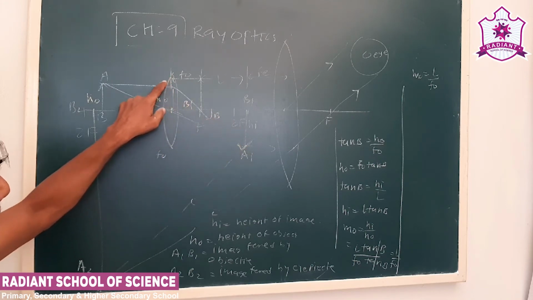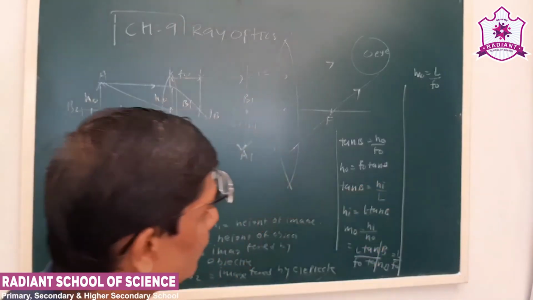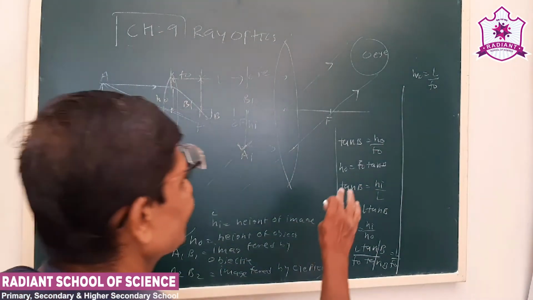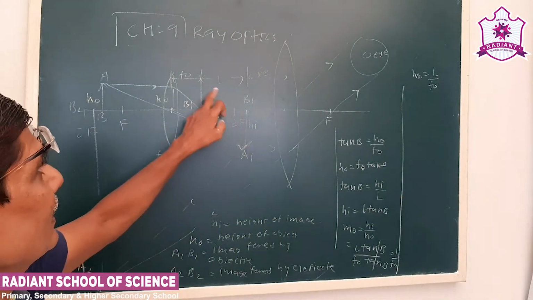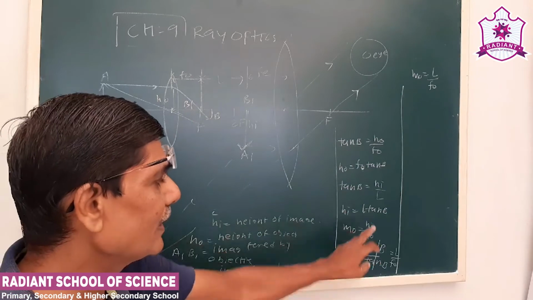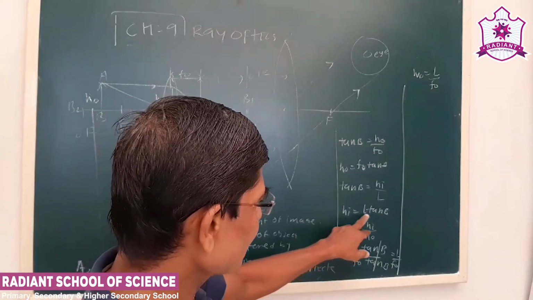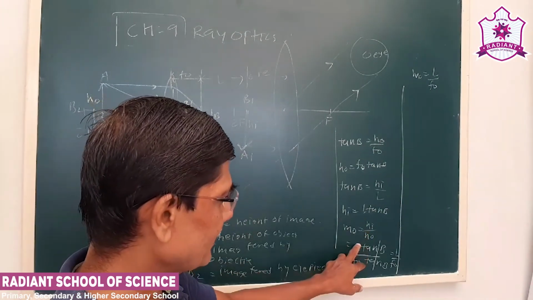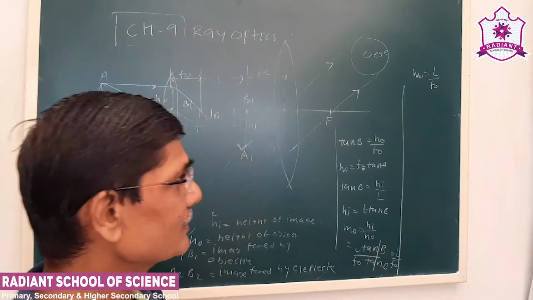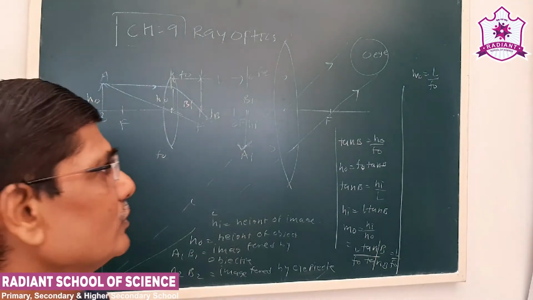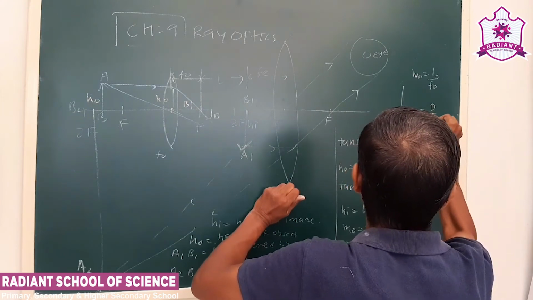From this diagram, tan beta is HO upon FO, so HO is FO tan beta. Similarly tan beta is HI by L, so HI will be L tan beta. Now the magnification due to the objective is HI upon HO, which is L tan beta upon FO tan beta. Tan beta is cancelled, so M0 is L upon FO. Now see the magnification due to the eyepiece.